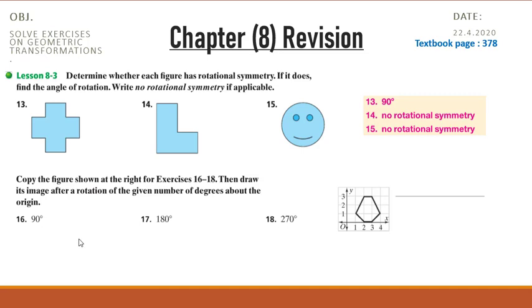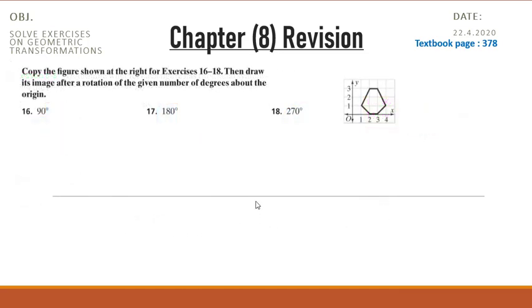Okay, guys. Now in questions 16, 17, and 18, we need to graph the image after rotation 90, 180, and 270 about the origin, of course. Okay, let's do this.